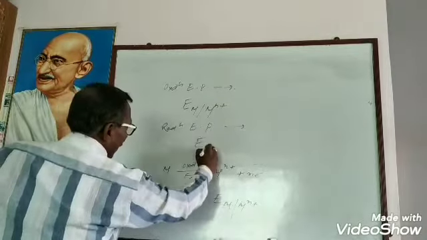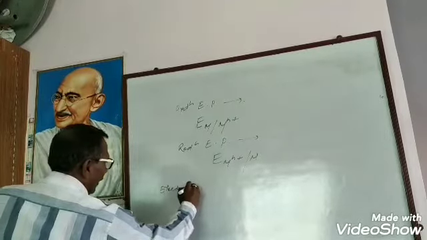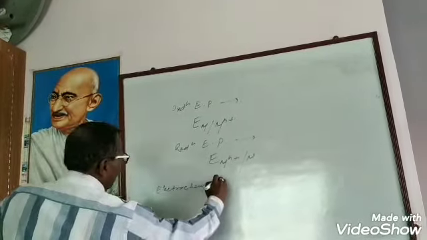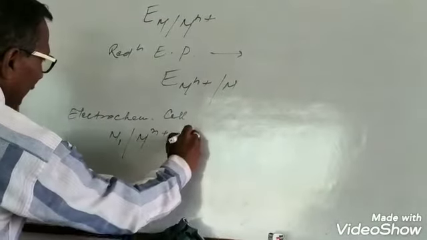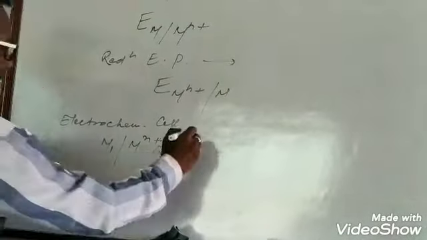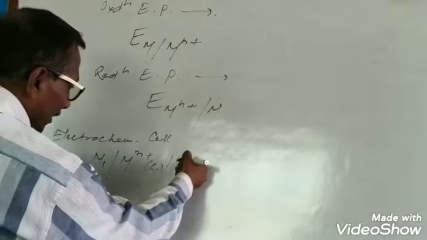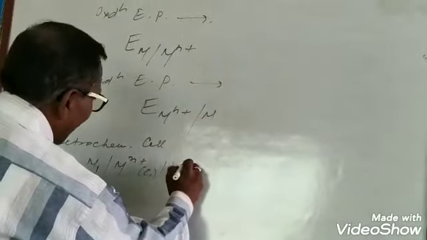So, electrochemical cell can be represented as M1 | M1n+ (C1) || M2n+ (C2) | M2, where a salt bridge is represented by parallel lines, C2 is the concentration of electrolyte, and this is M2.